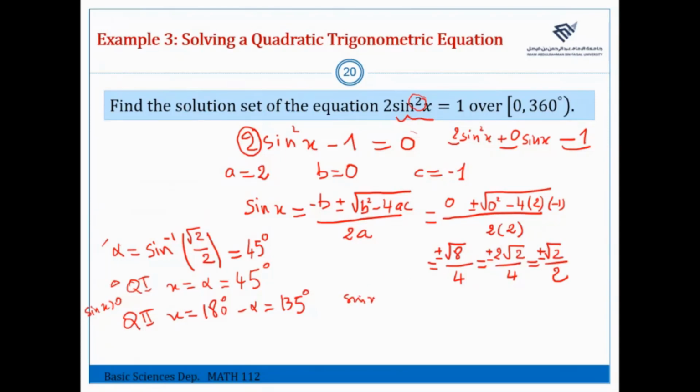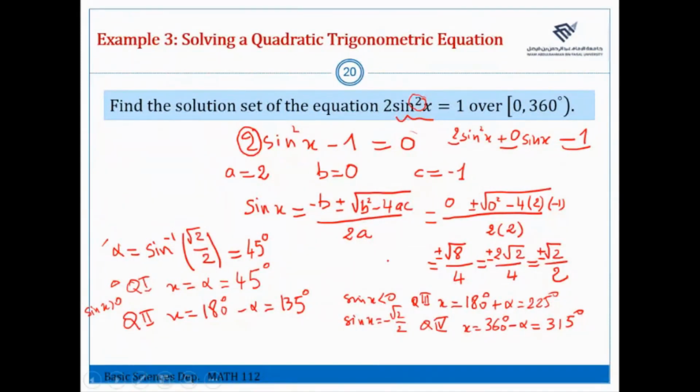And if sine is negative, meaning when sine equals minus square root of 2 over 2, what will we take? We will take quadrant 3, 180 plus alpha, and quadrant 4, 360 minus alpha, which is 315.